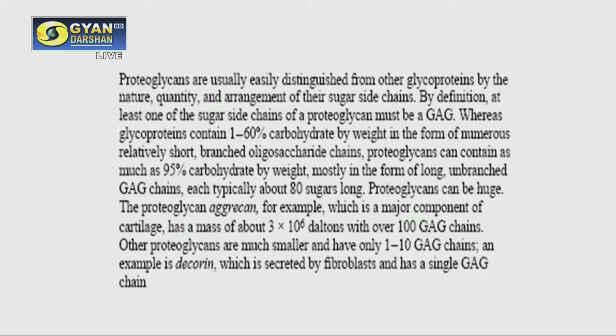So in case of proteoglycan, actually the carbohydrate component is more. The protein component is much lesser. So 95% is carbohydrate by nature. Only 5% may be composed of proteins. Whereas in case of glycoprotein, they are 1 to 60% carbohydrate and the rest are proteins.